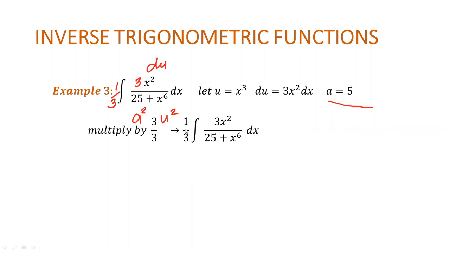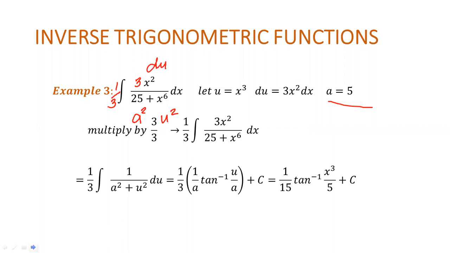You have that 1/3, the one that I have written there, and your answer is 1/3. But take note that we're adding the square of two expressions, a constant and a function of x. So that would be yielding the arctan of u over a, u being x cubed and a being 5. But don't forget that in the case of the arctan, there's a need for us to multiply by 1 over a.